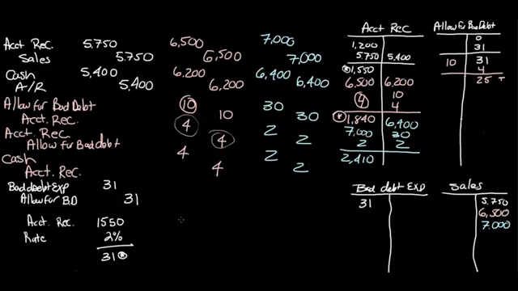So if I look at how much I have in my accounts receivable, $1,840, I'm going to use the rate of 2%. If I calculate that out, that is $36.8. This is the amount I want in my allowance for doubtful accounts.